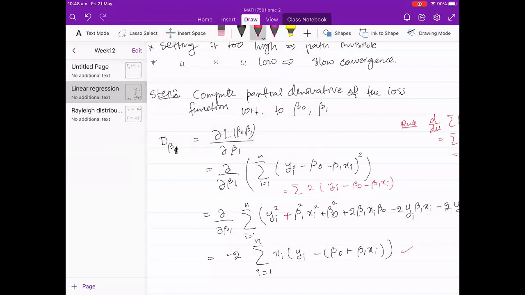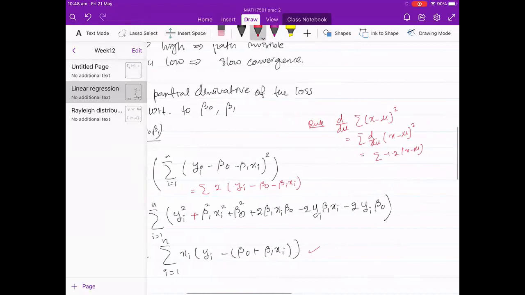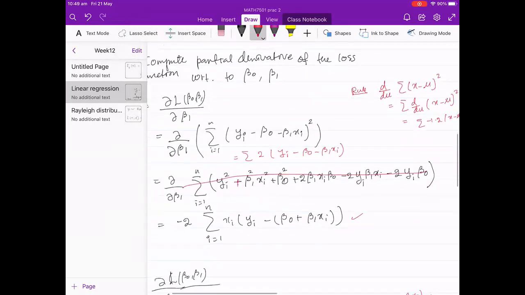Just ignore this part and ignore this part.